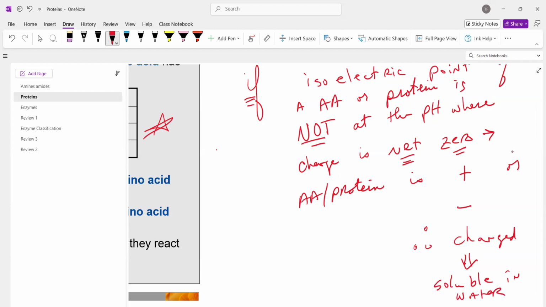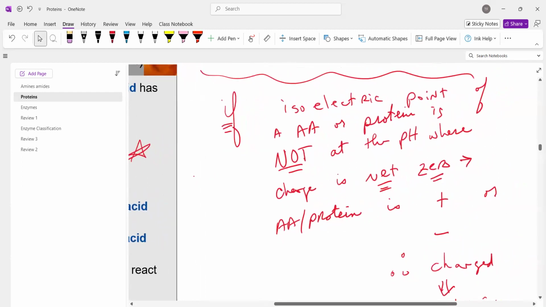So we're going to adjust the pH on this amino acid or protein, because proteins are made up of amino acids. And when the net charge on that amino acid or protein is not 0, then the amino acid or protein is positive or negative.